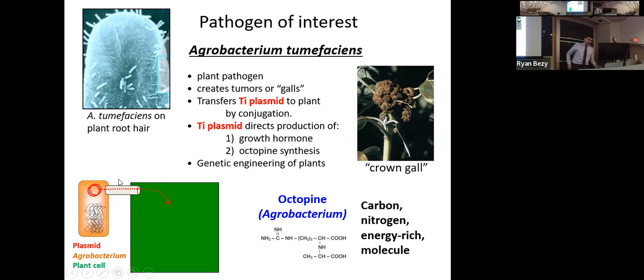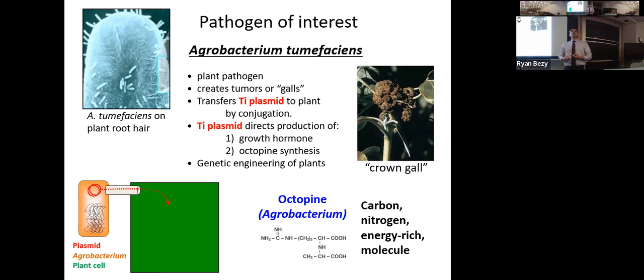When that TI plasmid gets into a plant cell, it introduces genes into the plant cell. Specifically, it introduces a growth hormone gene. It causes the plant cells to make high levels of growth hormone, and when a plant cell is making high levels of growth hormone, it divides. And it makes those crown gall tumors.